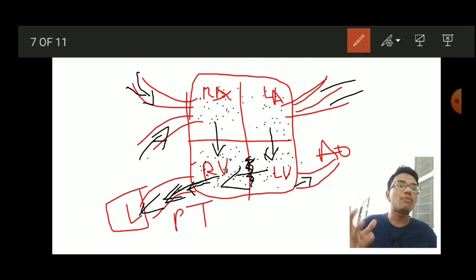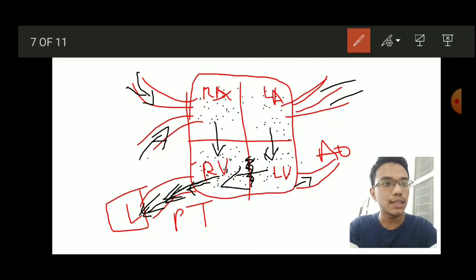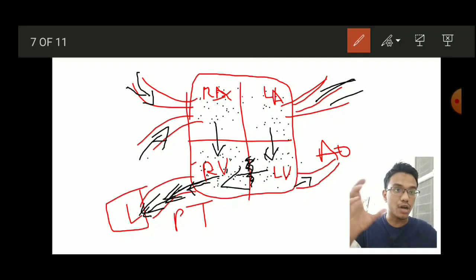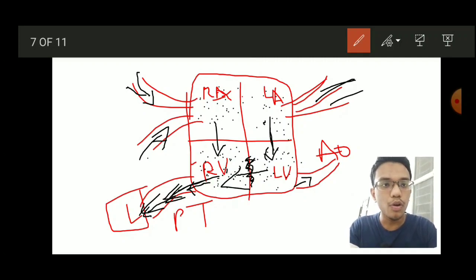Now this whole amount of blood, that is the oxygenated and the deoxygenated blood, will enter the pulmonary trunk and go to the lungs, get oxygenated again and come through the pulmonary veins, and this much amount of blood, that is oxygenated and deoxygenated, is entering the left atrium. The left atrium will push all the blood into the left ventricle, so the whole amount of blood is again filled in the left ventricle.